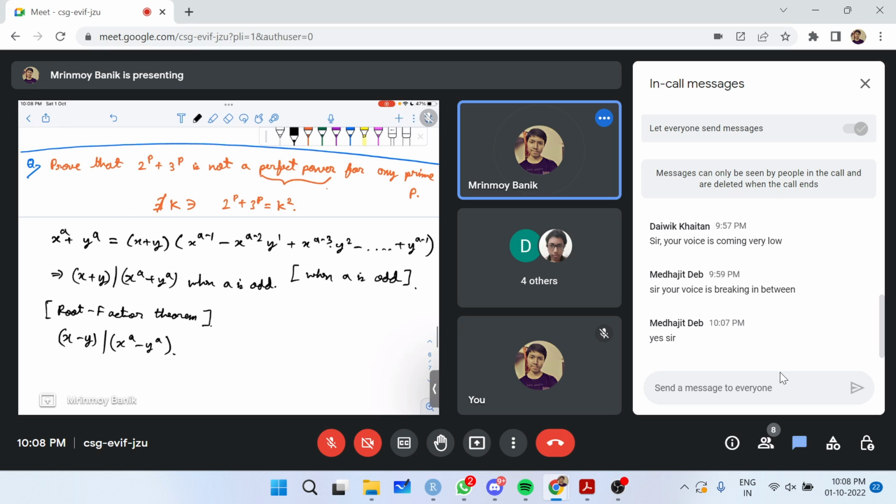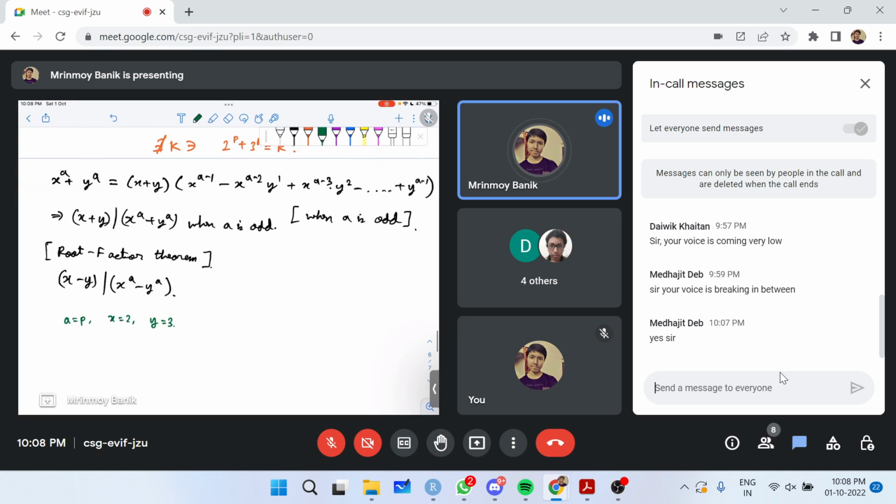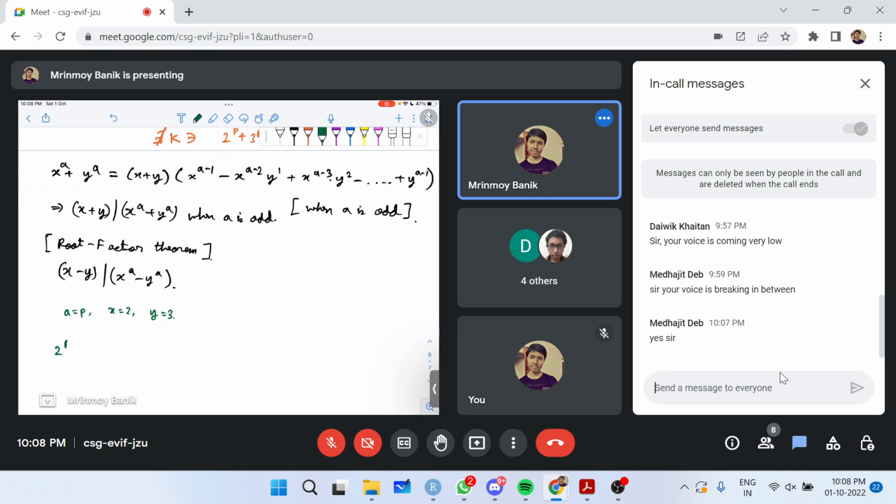Using my hint, you can obviously understand a is p here, x is 2, and y is 3. So let's try to factorize 2^p + 3^p. It is equal to (2 + 3) times (2^(p-1) - 2^(p-2) times 3 + ...). Sorry, sign change is alternated.